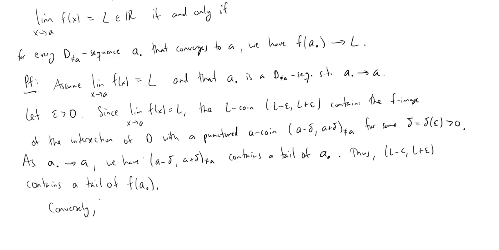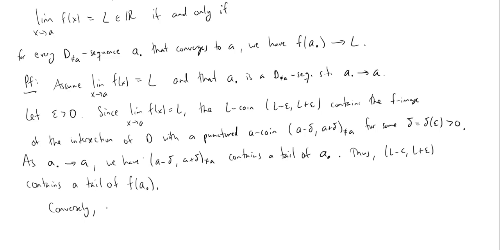in the converse direction, we assume that every D not equal to A sequence A dot that converges to A has the property that F of that sequence converges to L, and we want to prove that the limit, the A limit of F is equal to L. So we're actually going to prove the contrapositive statement, right? So we're going to prove not that bottom implies top, but not top implies not the bottom.